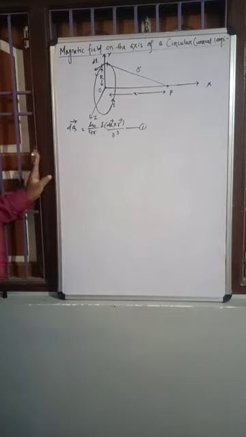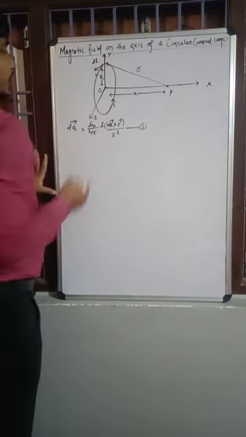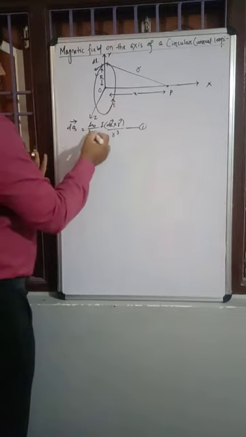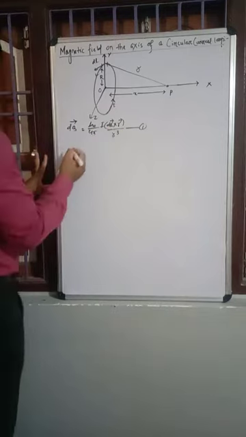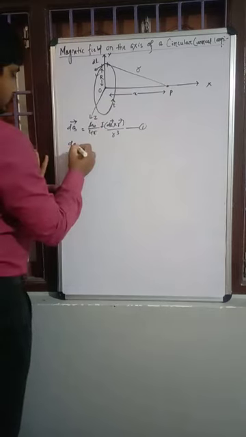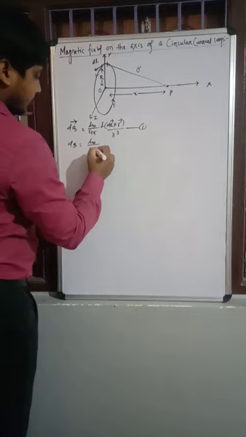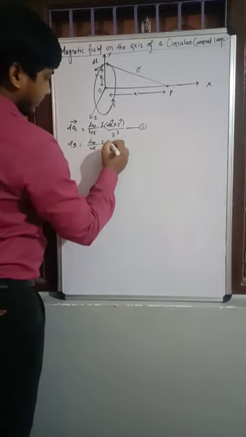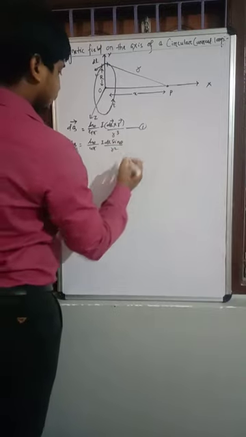In vector form, the magnetic field at the point P due to this element dl will be given by mu naught by 4 pi I dl cross r vector by r cube. Or in magnitude, this dB will be equal to mu naught by 4 pi I dl sin theta by r square.